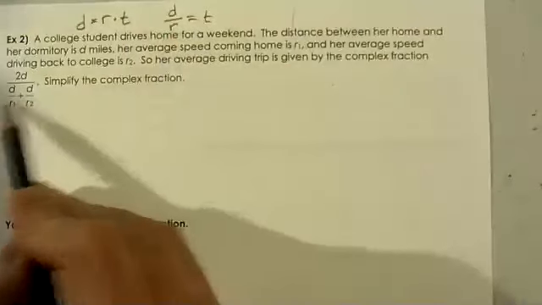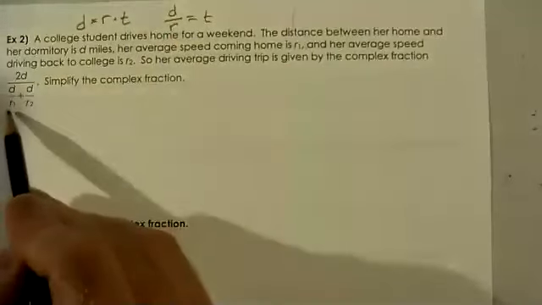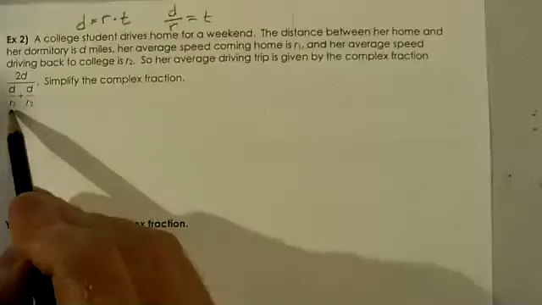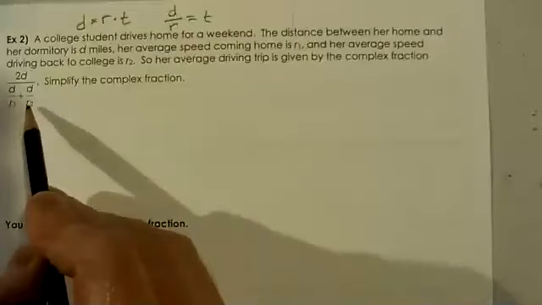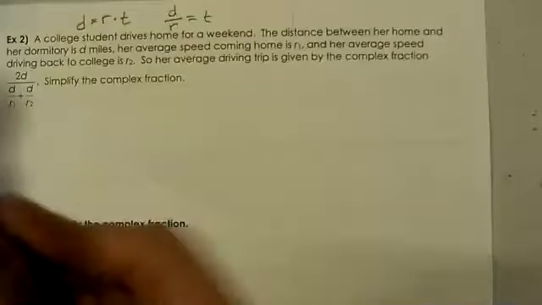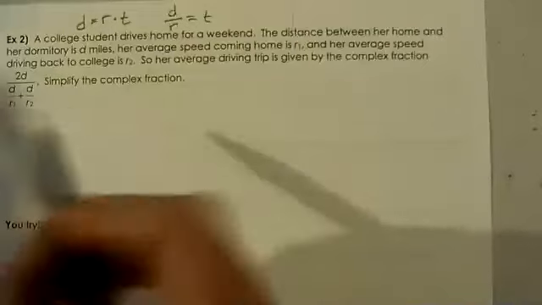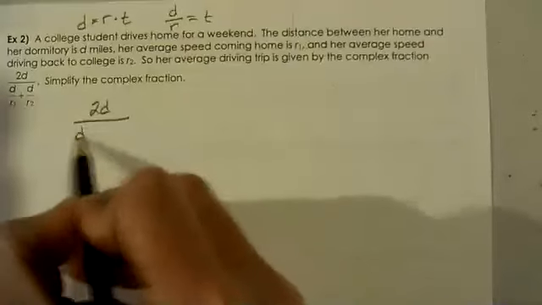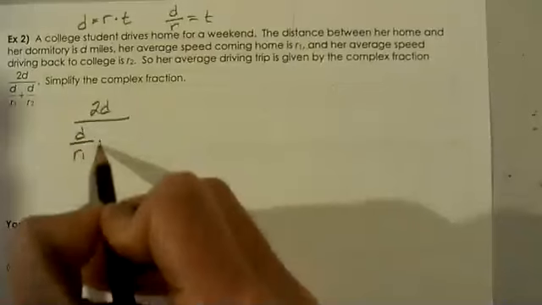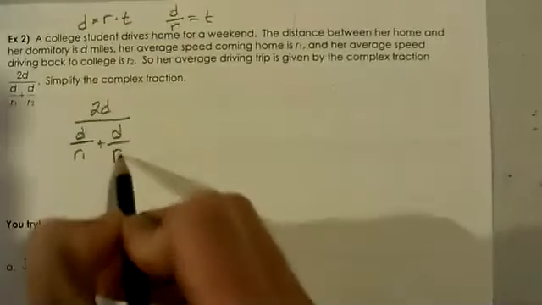Now we have 2 different rates though. We have a rate for driving one way, and we have a rate for driving the other way. But that is just understanding what that's all about. So we have D over R1 plus D over R2.